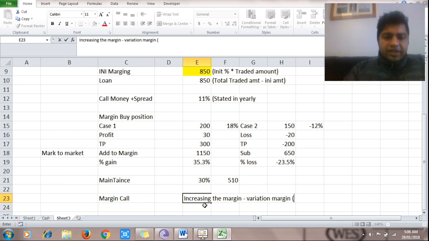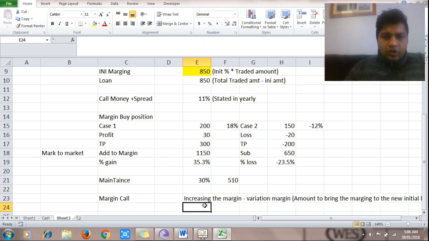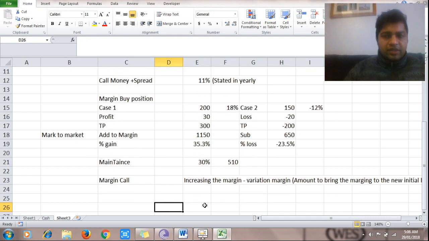And this variation margin is nothing but amount required to bring the margin to the new initial level. Okay, amount required to bring the margin to the new initial level, not the old initial level.